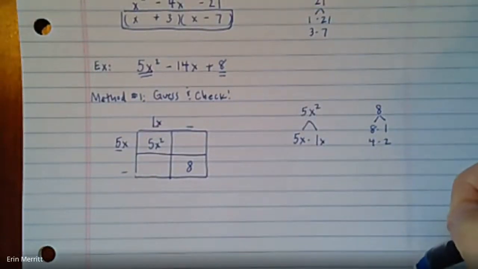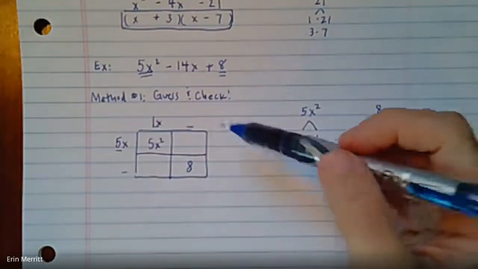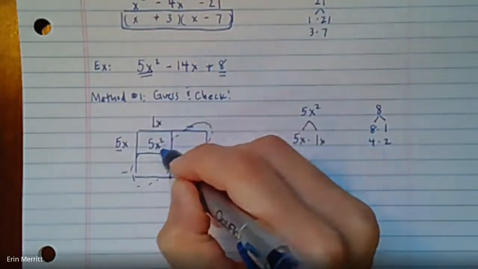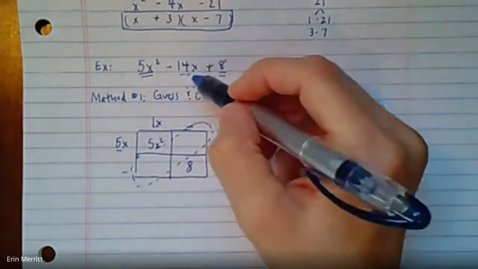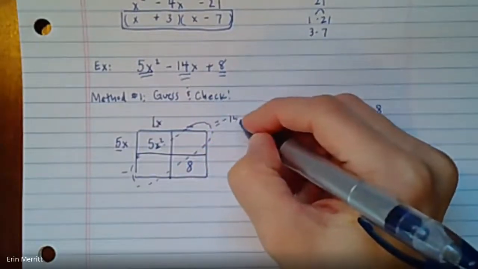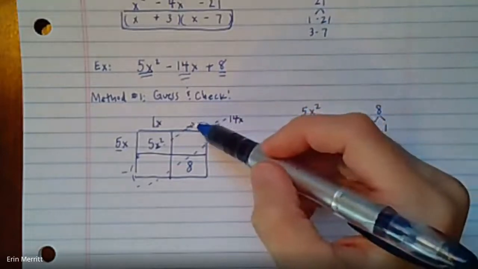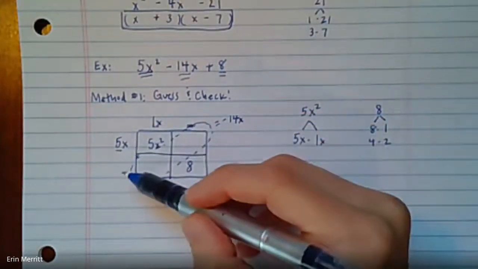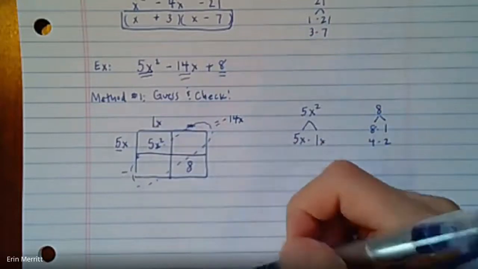What you really have to think about, though, is we need to make sure that the right things are getting multiplied together so that when we add up this diagonal, it's coming out to equal that middle term of negative 14x. Well, depending on what I put up top here, it will get multiplied by the 5. Depending on what I put down here, it gets multiplied by the 1.